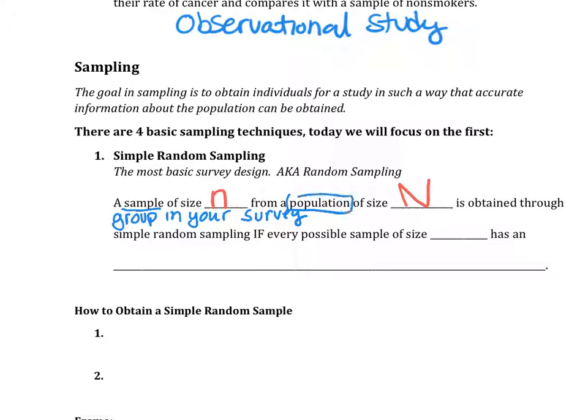The population is the big group, that's everybody. So capital N, the big letter, is the bigger number. The lowercase n, the little letter, is the smaller number.